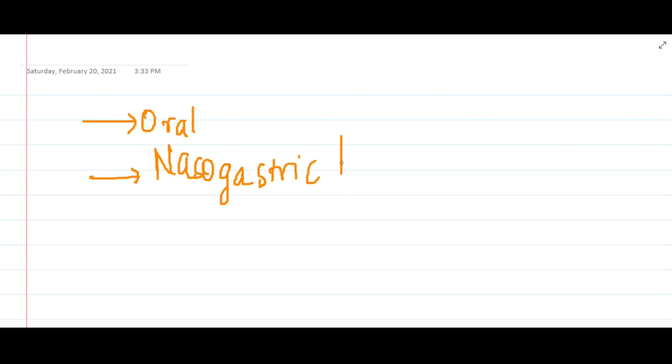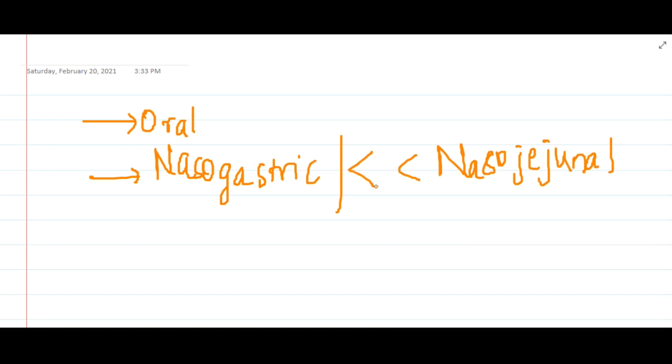Now this enteral nutrition can be given in 4 ways. One, you can give by oral supplementation, or we can give it by nasogastric tube, or we can also use a nasojejunal tube. Actually this nasojejunal tube is better tolerated when compared to a nasogastric tube. We can also do a feeding gastrostomy.